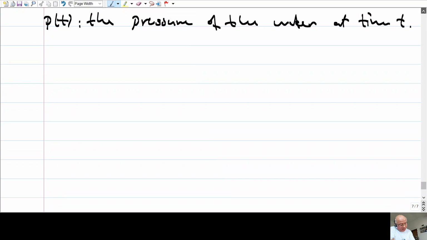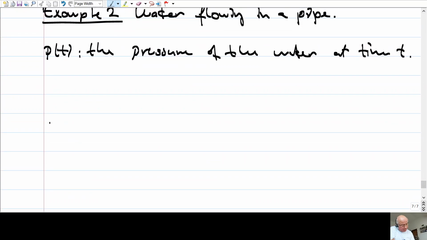Suppose we have something like this. So water is coming from here, and we have something like a resistor.